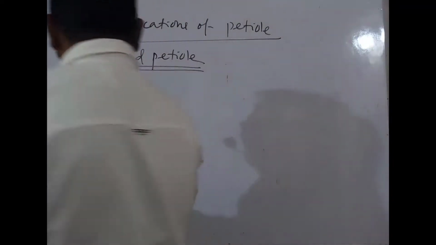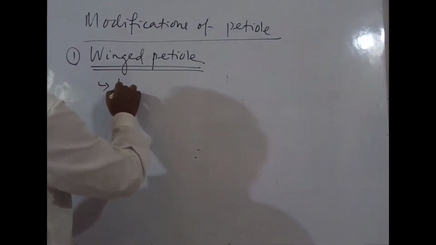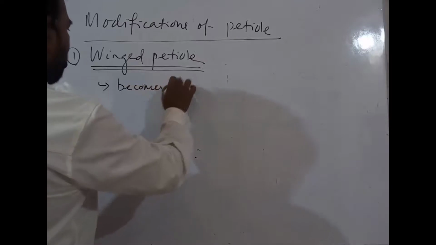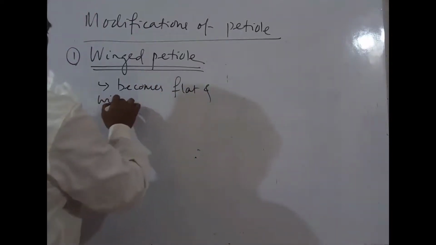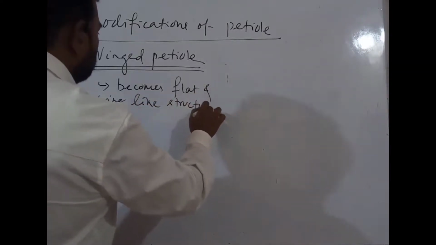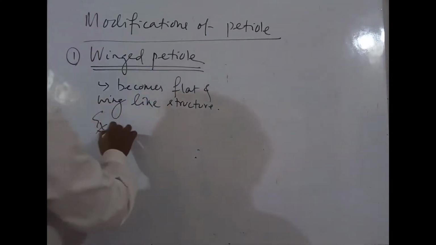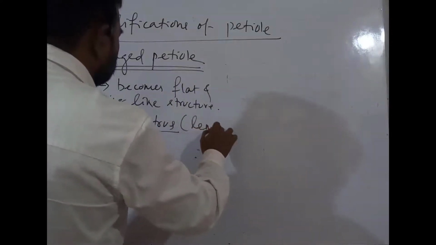So first is the winged petiole. Petiole becomes flat and wing-like structure. Example is citrus, or lemon or orange.